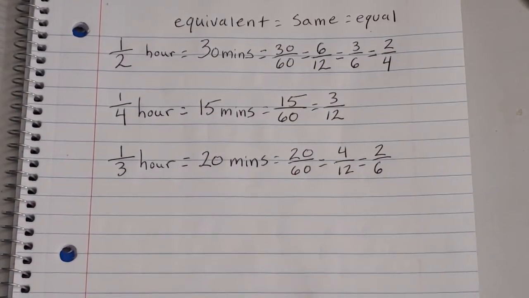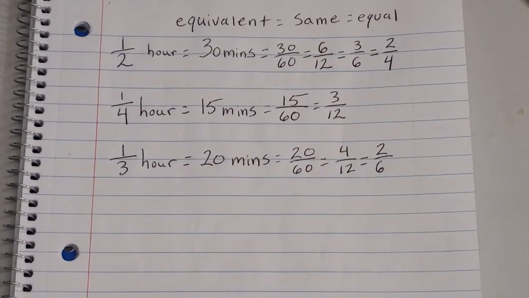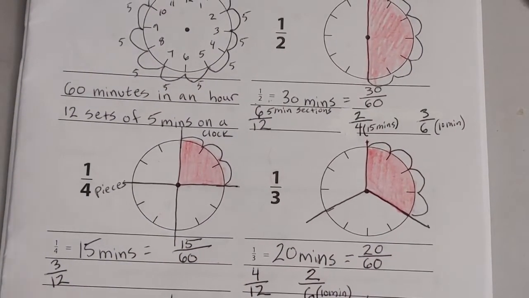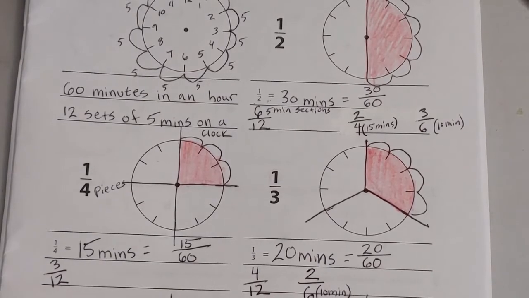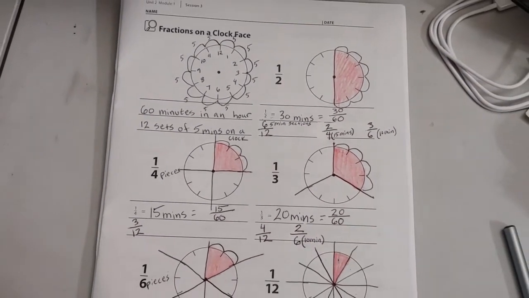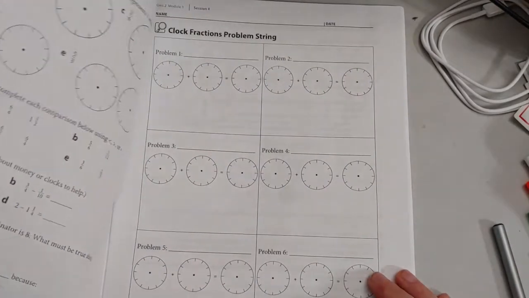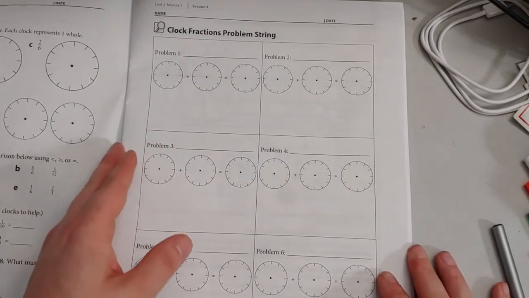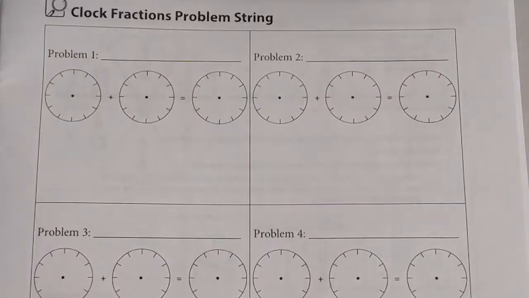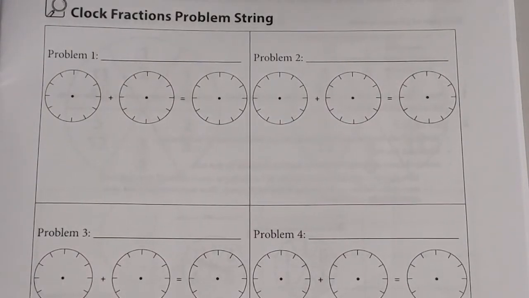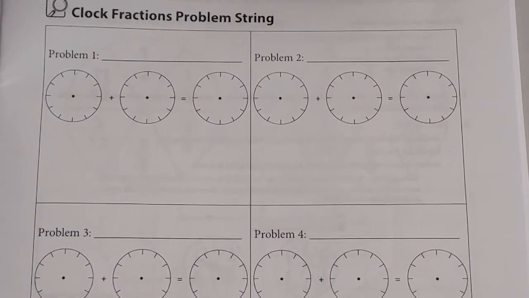So you are going to need your math book because there are clocks already in it for our problem string today. So turn to page 36. You might also want a color pencil if that would be easier for you, but it's completely up to you.